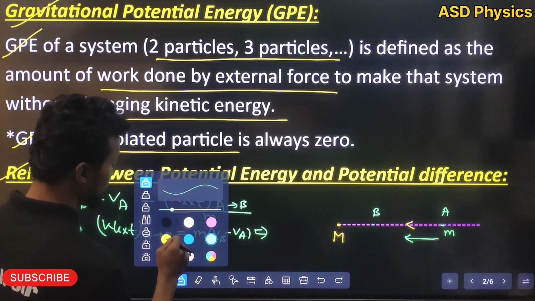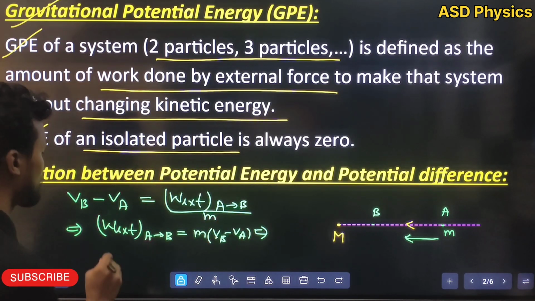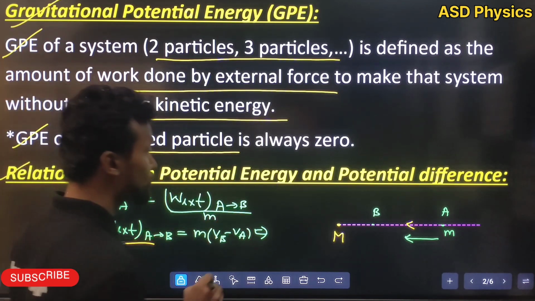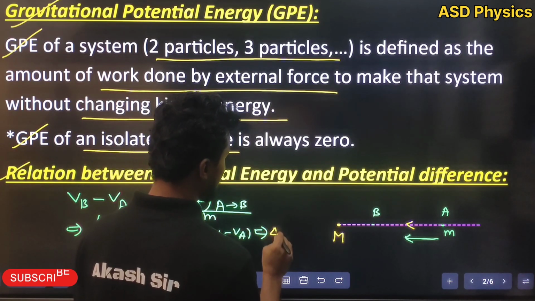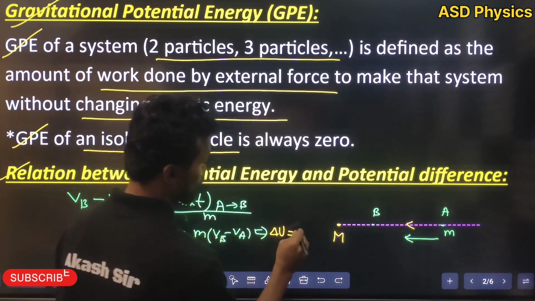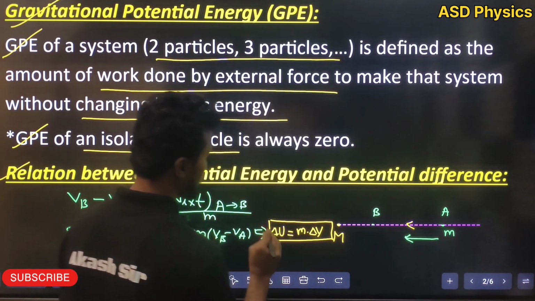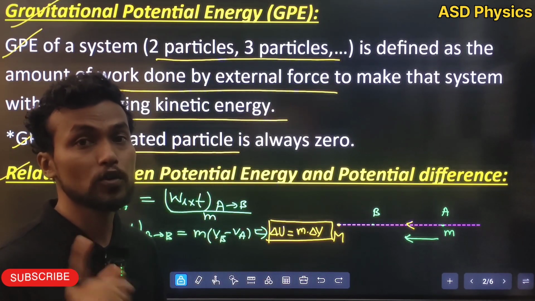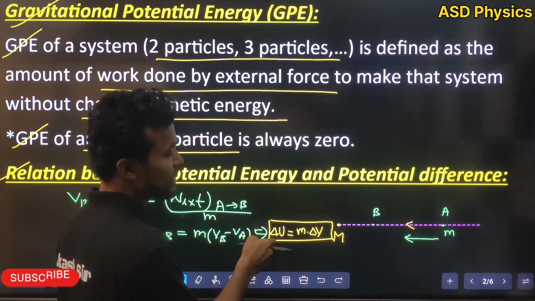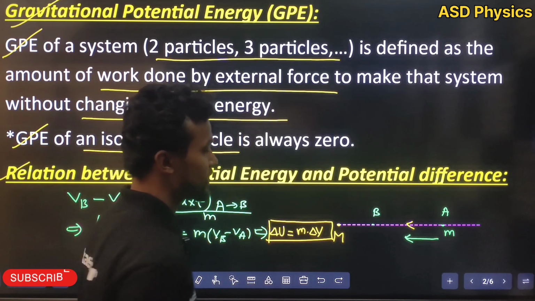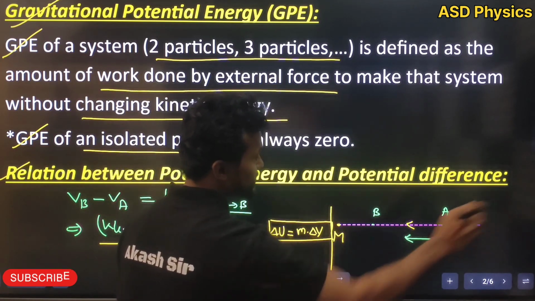If the kinetic energy is not changing, then this work will increase the potential energy, and we can say delta U is equal to m into delta V. This is the relation between potential energy and potential difference. Again, delta U equals m into delta V. Please remember this.